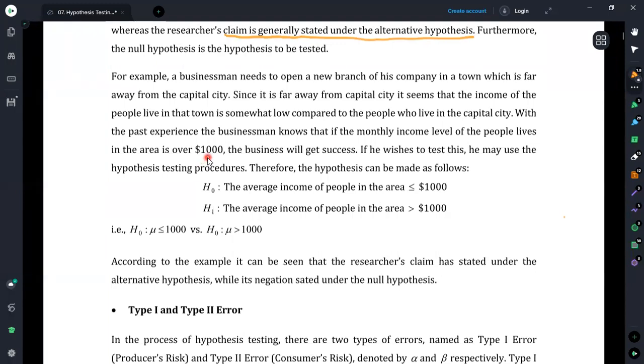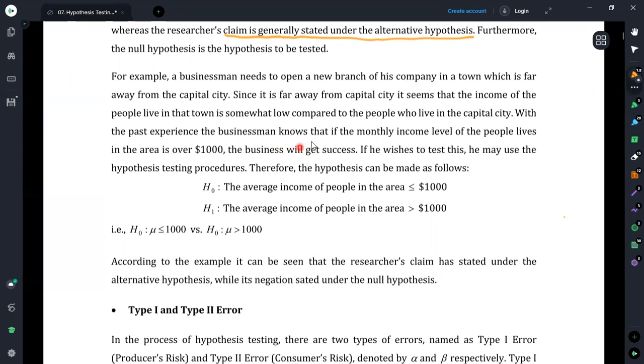Otherwise, he knows the business will not be successful. If the people who live in that area have enough money with them, then they will buy the items from this businessman. Otherwise, they will not spend that much money on new items. They just need to maintain their living.